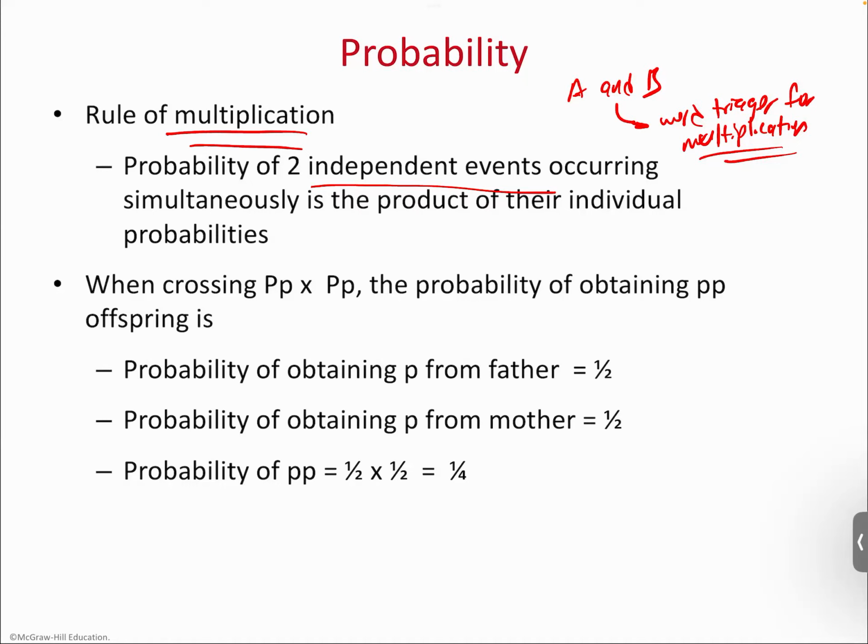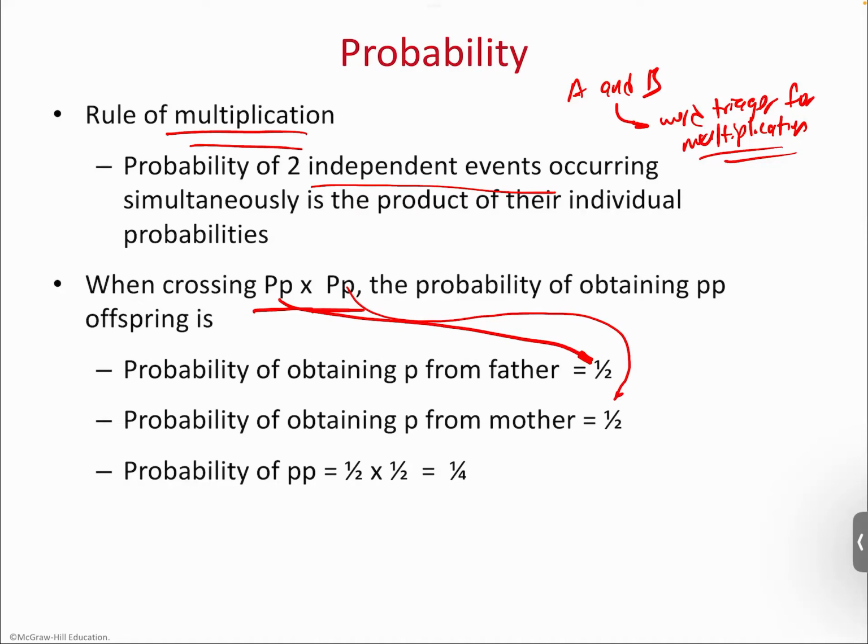So let's take a look at this. We're going to cross our two heterozygotes again. And what we want to do is we want to know what the probability of obtaining the homozygous recessive is. So what's the probability of getting the little p from dad? It's 50-50, right? So that's 1/2. And the probability of getting the little p from mom? Again, 50-50, right? So what's the probability of getting a little p from mom and a little p from dad?